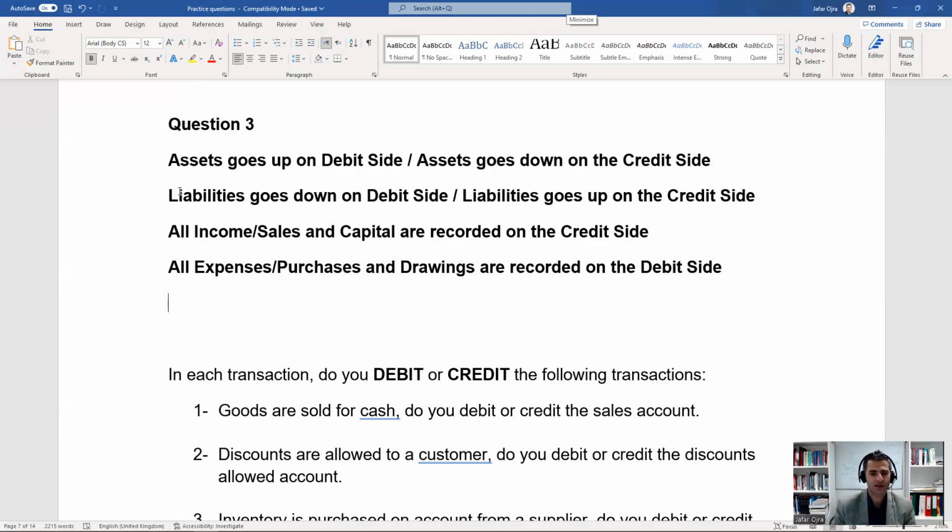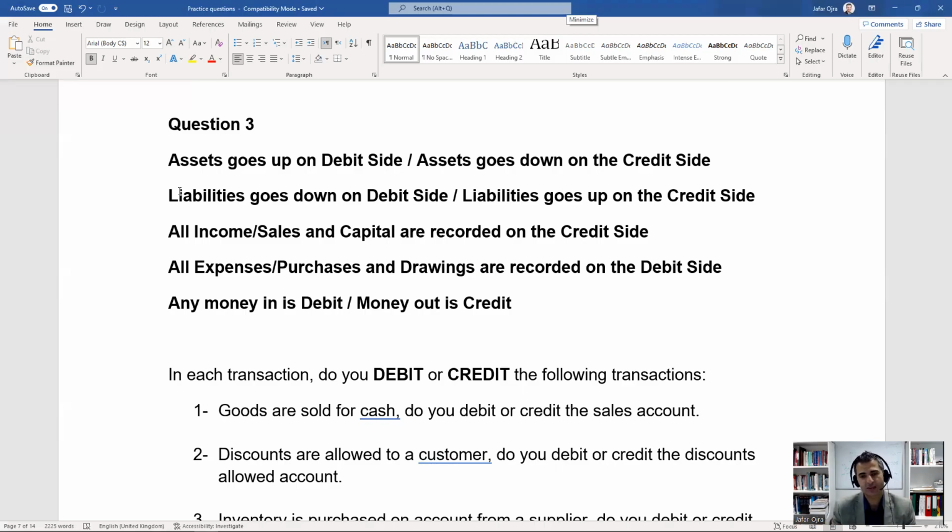And rule number 5, the last one: any money in is debit, any money out is a credit. This is a typical rule. Any money in comes to the business. For example, the business received cash from the sales. That's money in. You debit money in, always.